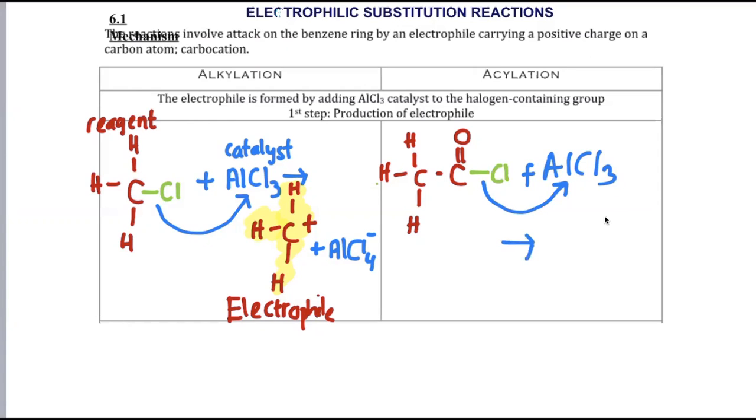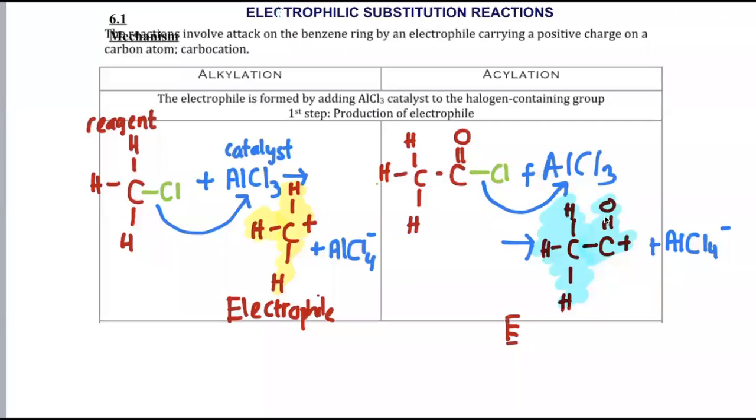So now you form an electrophile, which is your acyl with a positive charge, and your catalyst becomes AlCl4 minus. Same thing. This is what we're going to attach onto your benzene ring. That is your electrophile. Are you all okay so far?